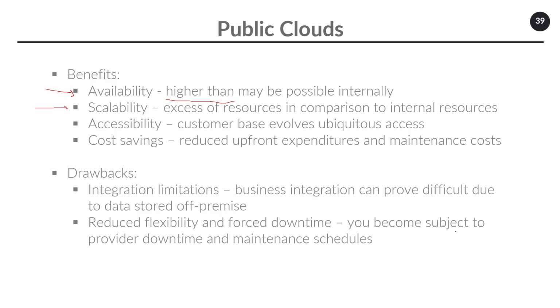There is an excess of resources in comparison to on-premise resources, so you can scale your resources automatically on a public cloud. Accessibility, well, it's ubiquitous access. And cost savings, reduced upfront expenditures and maintenance costs that we discussed before, compared to on-premise resources.